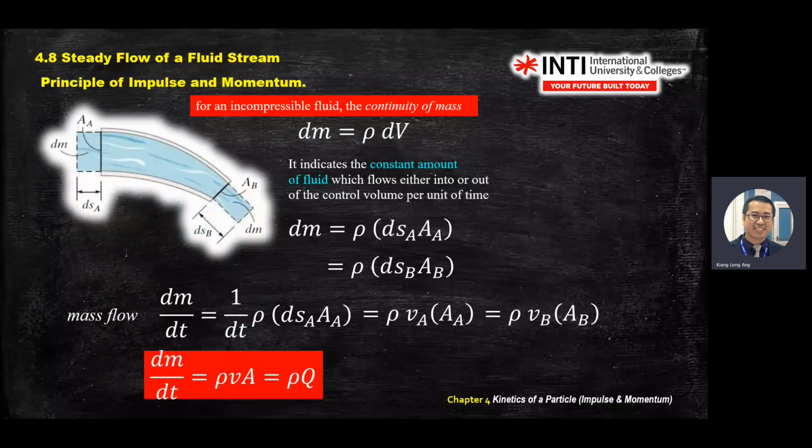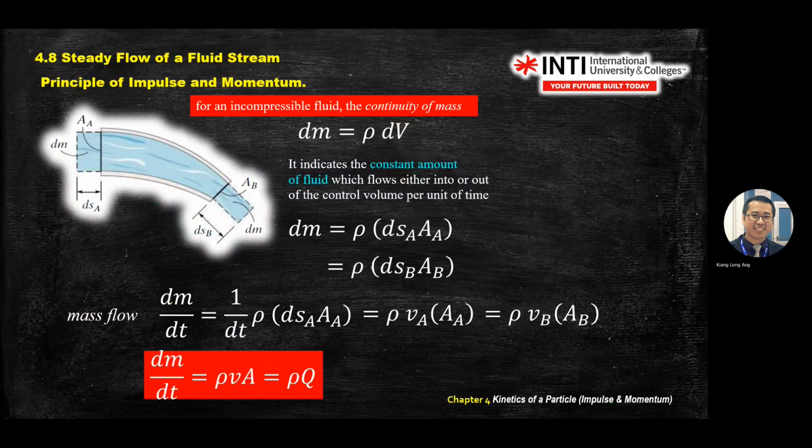So you need to recall dm/dt, mass flow rate. dm/dt, how to find mass? Density times volume, you get mass. Times area, you get mass, right? Rho times velocity times area, you get dm/dt. This one times this one, you get volume.